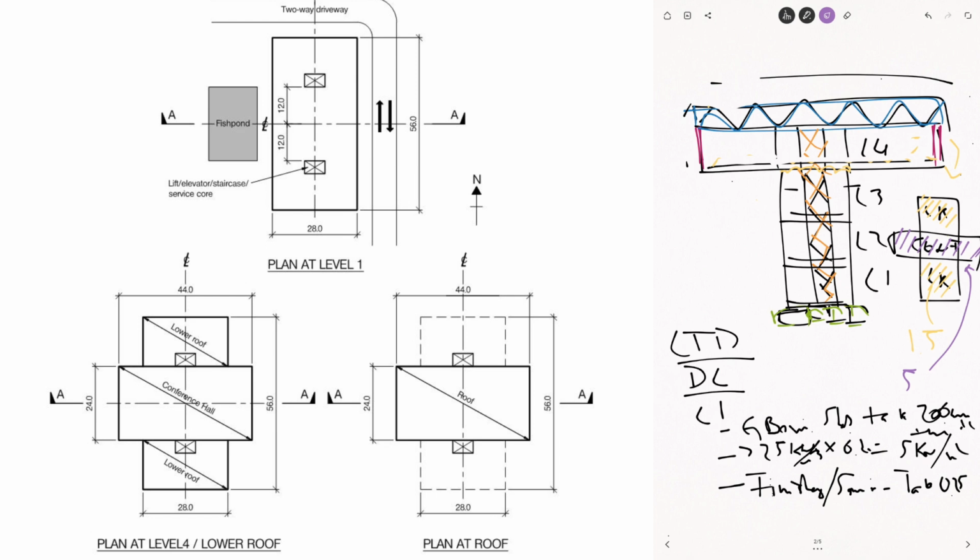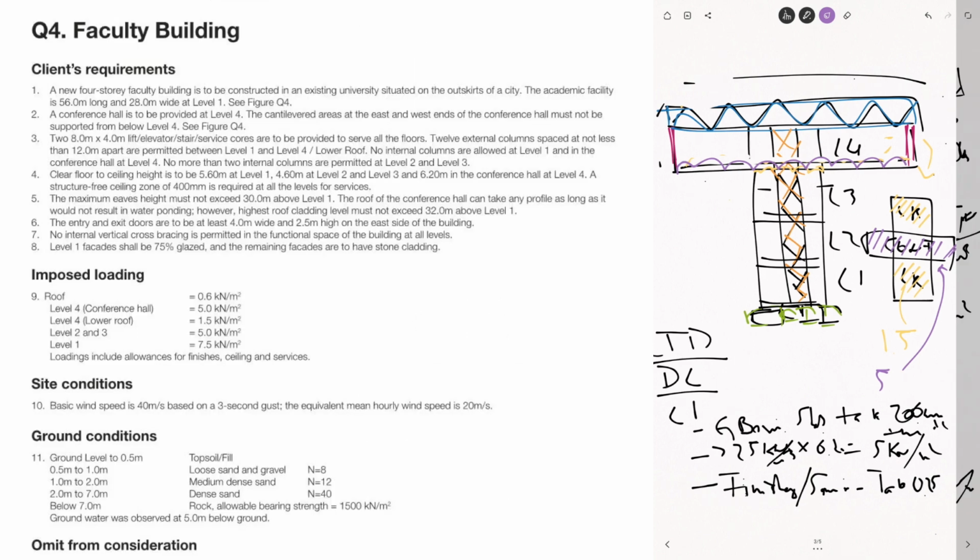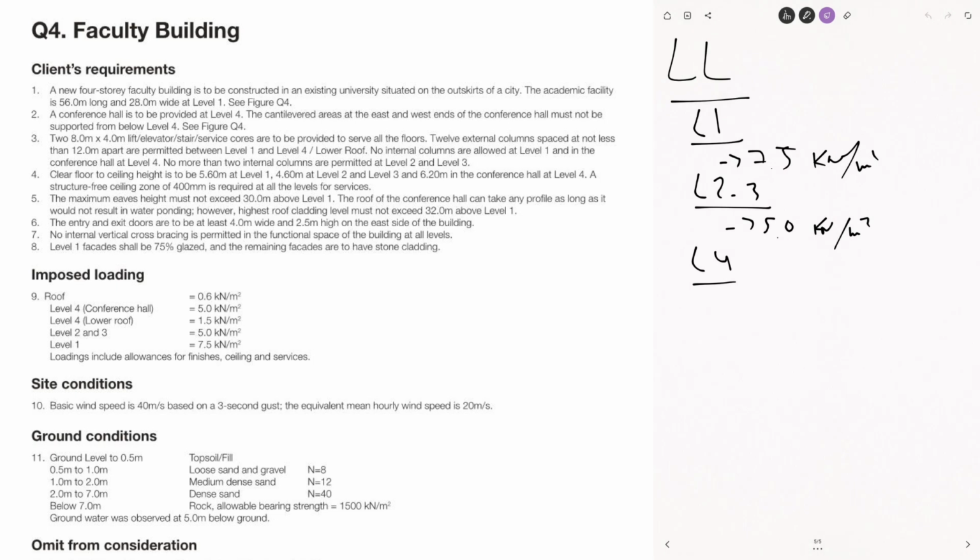So yeah, my live load, level 4, lower roof is 1.5 kilonewtons per square meter, and level 4 conference hall, 5 kilonewtons per square meter.